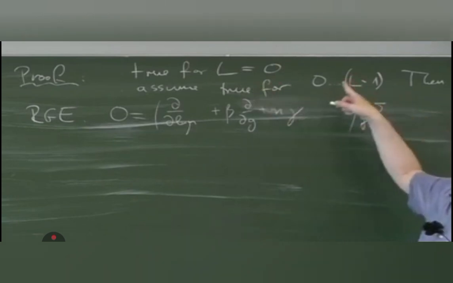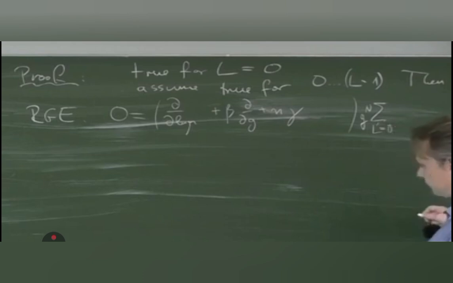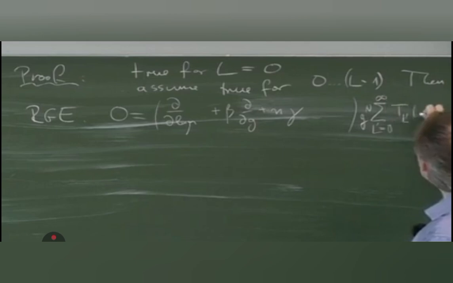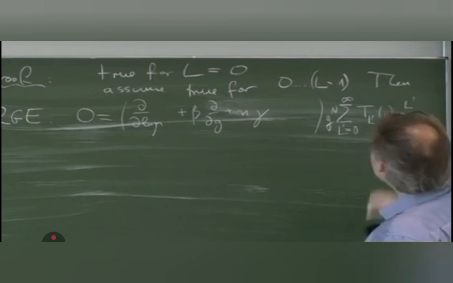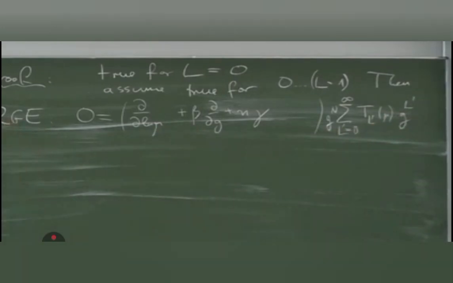That is the overall loop order we are considering. But here we have a sum over L prime from 0 to infinity in principle of the coefficient function of L prime loops times g to the L prime. So that is our equation.